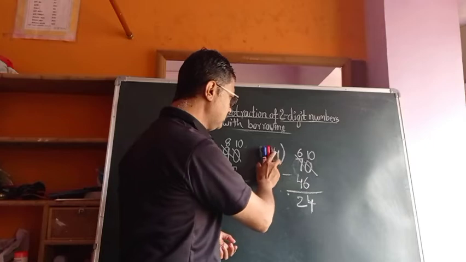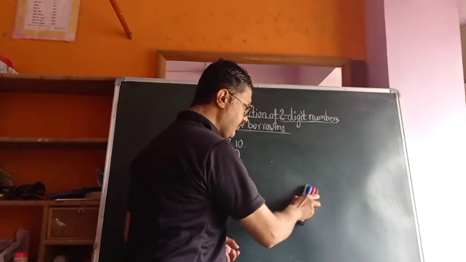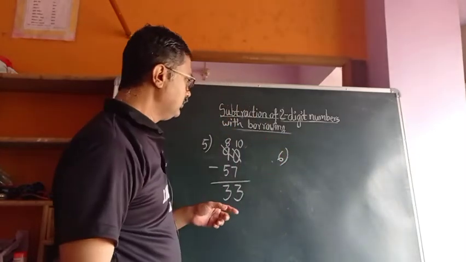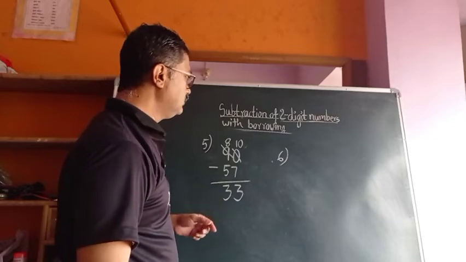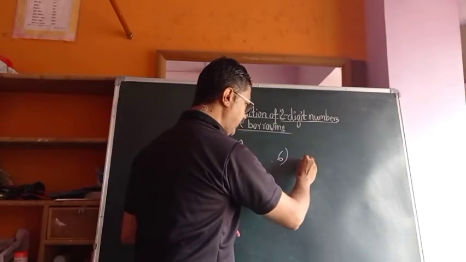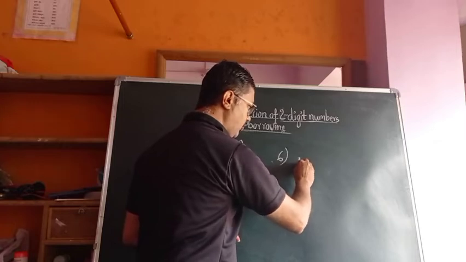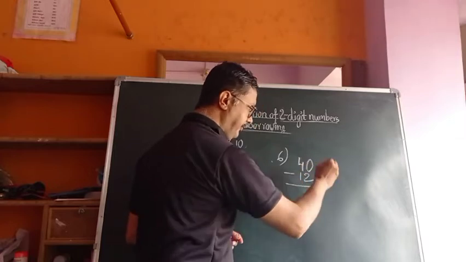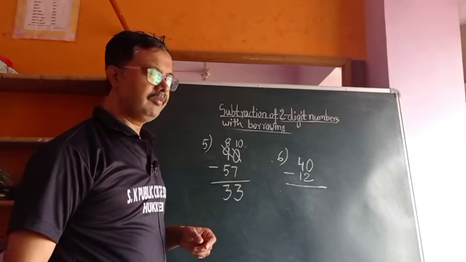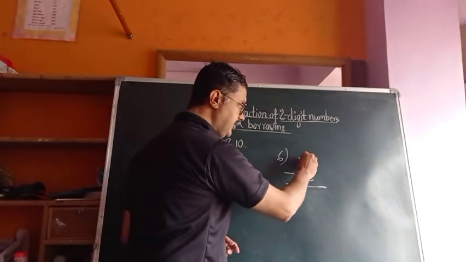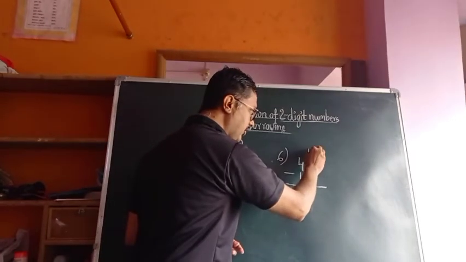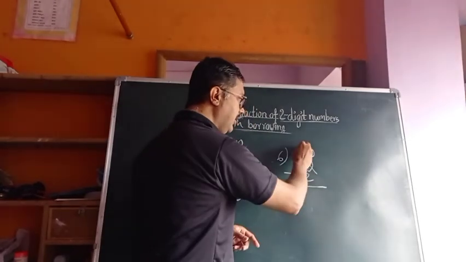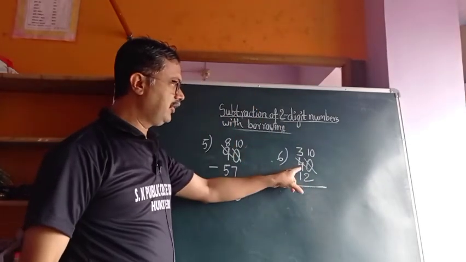Now sixth one. 40 minus 12. 0 is there, strike out, write new number 10. 4 is there, strike out that number also, write new number, that is backside number 3.